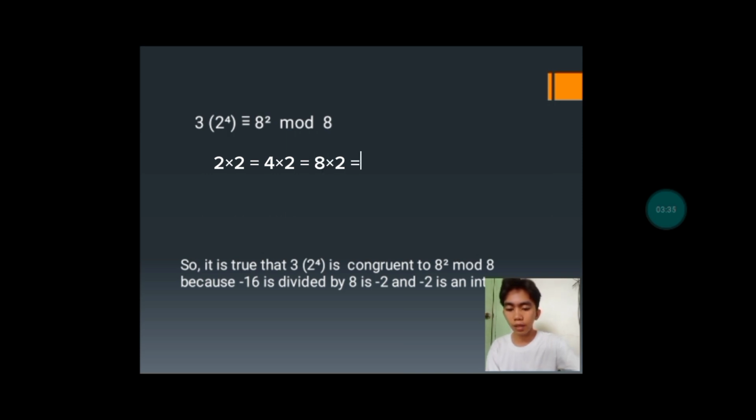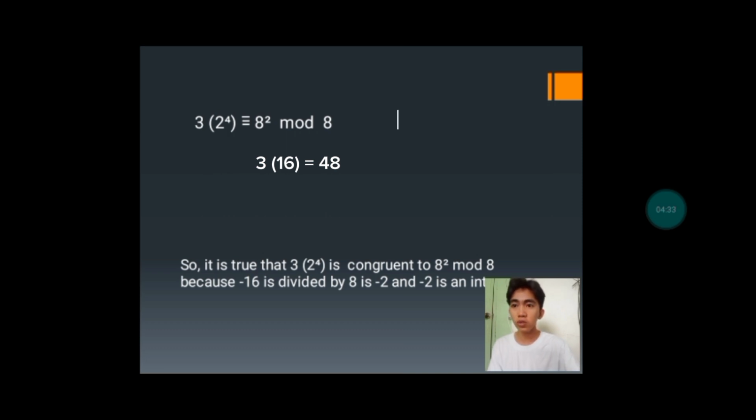And 8 times 2 is equal to 16. So, 3 times 16 is equal to 48.